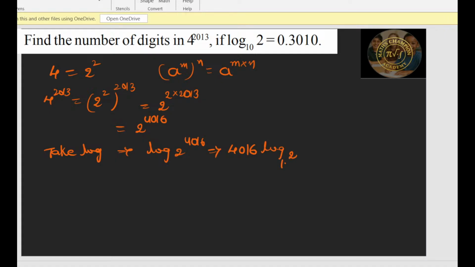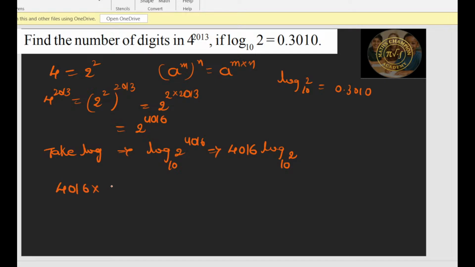Here the base you can take as 10. If not given, you can also take base 10. So we know what is given: log 2 to the base 10, its value is 0.3010. So just multiply that.